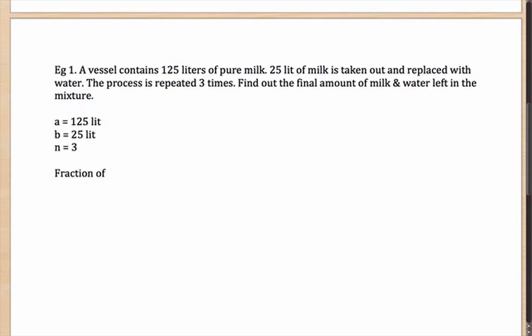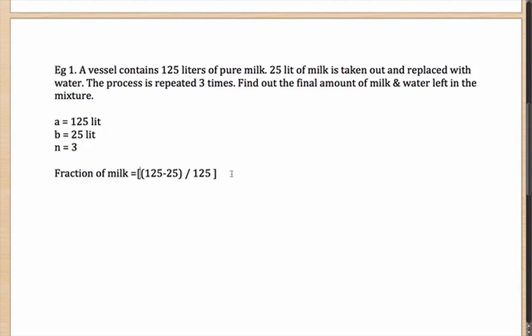So the fraction of milk which is left in the mixture after 3 times when it is repeated is (A minus B), that is 125 minus 25, divided by A, which is 125, and the whole thing to the power of 3. Why will the whole thing be to the power of 3? Because the process, as you can see here, n was 3 times.